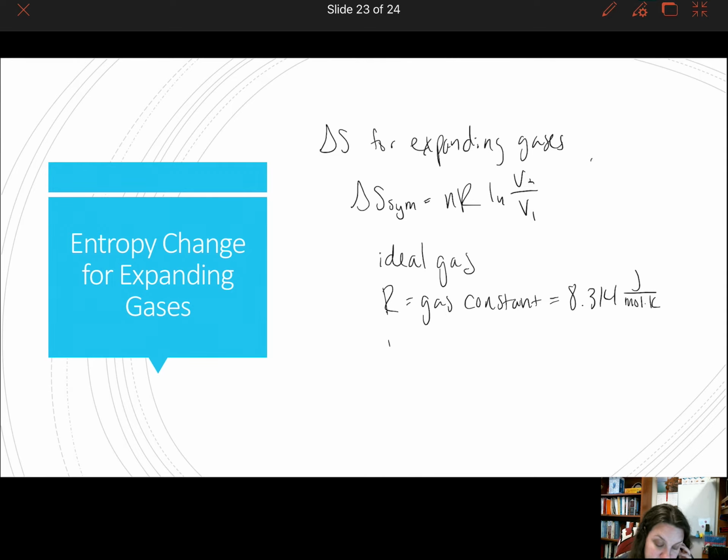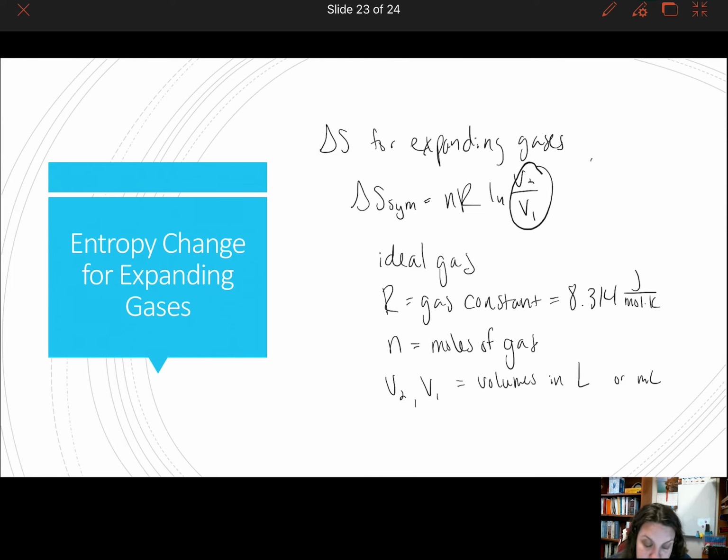N is our number of moles of gas, and V2 and V1 are volumes. Liters or milliliters, it really doesn't matter, because they're a ratio of each other, they will cancel out.